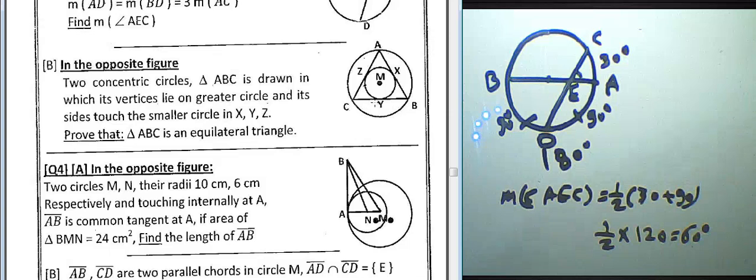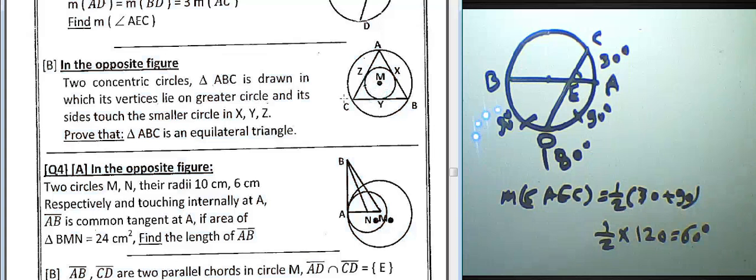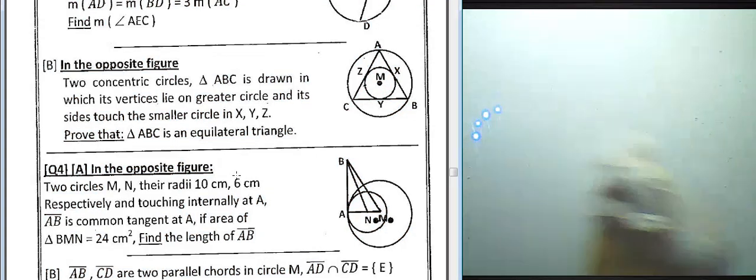Look here with me. We know triangle ABC is in the greater circle here, and MX equals MZ equals MY. They are the radii of the small circle.